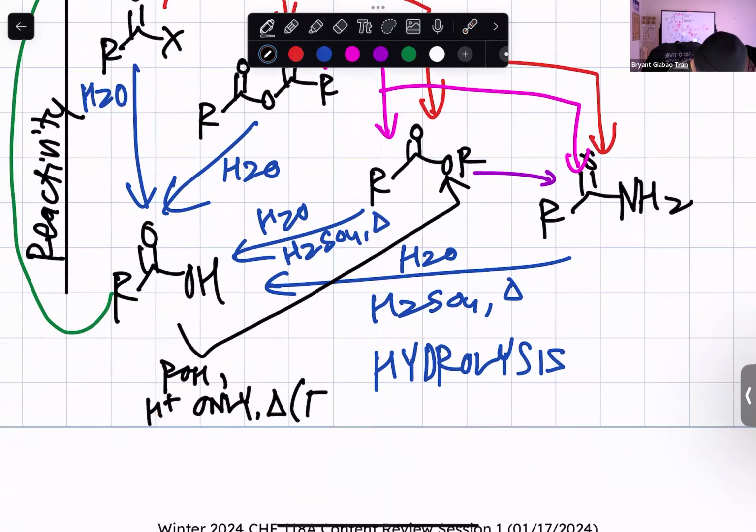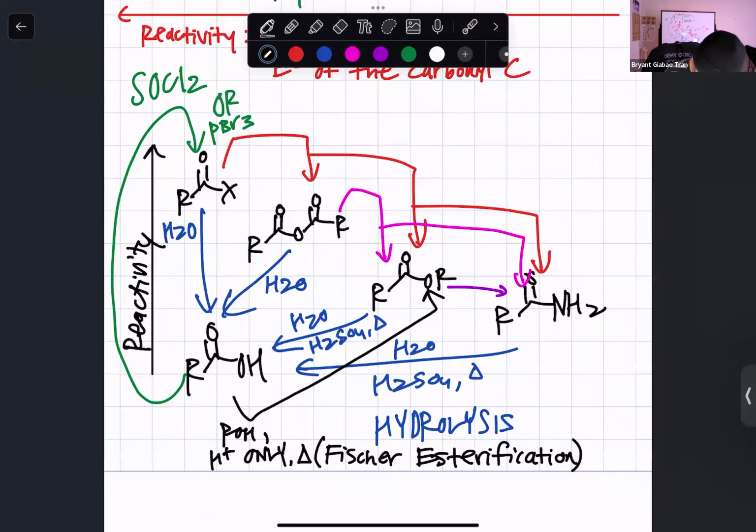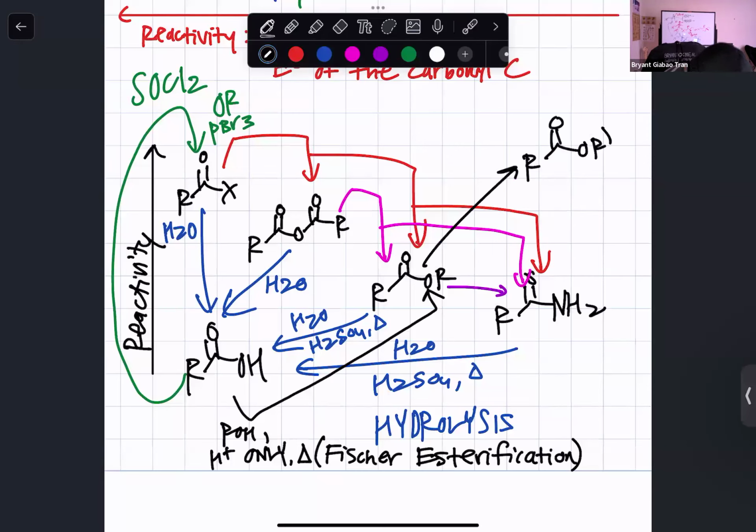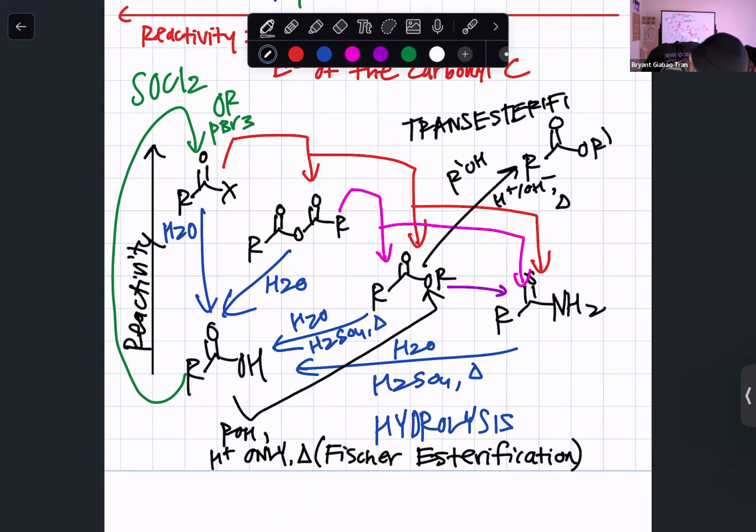This reaction here is called Fischer esterification. If you wanted to convert an ester into a different kind of ester, where the R group is different, you could use an alcohol with the R group that you want. And this could be in acidic or basic conditions. This is called transesterification, because we're changing the type of ester, changing the type of R group.